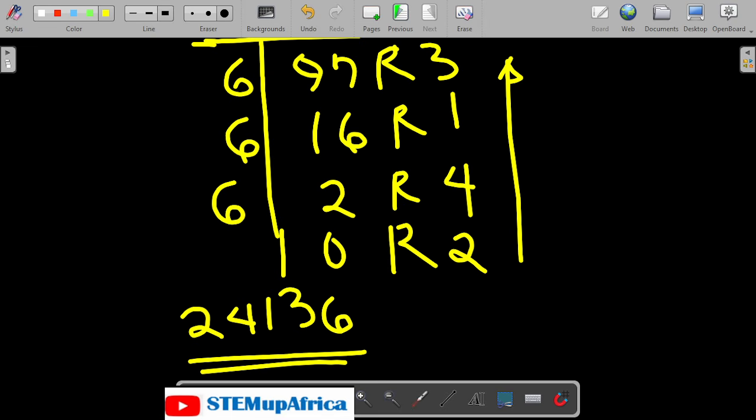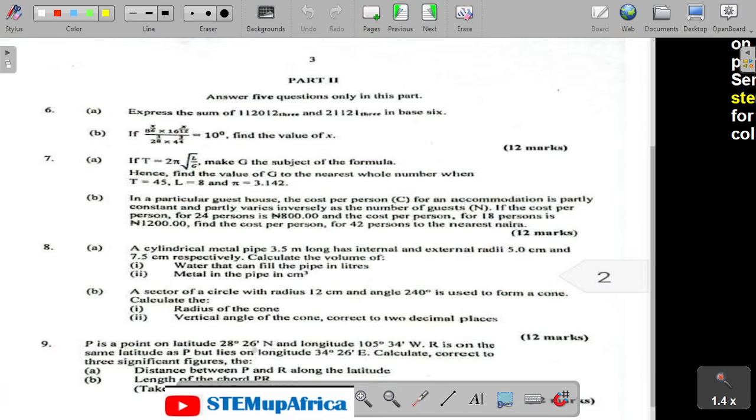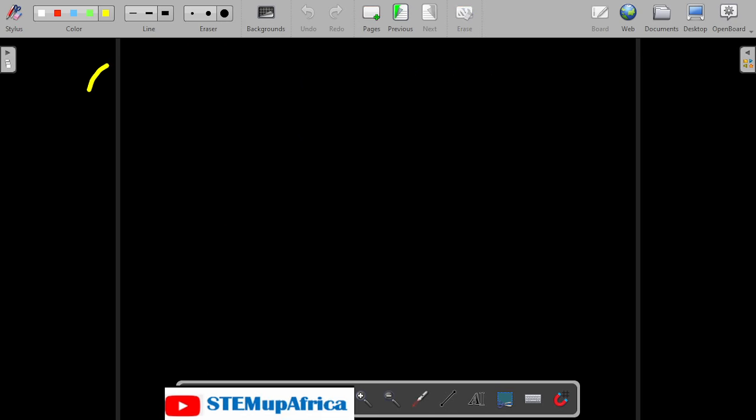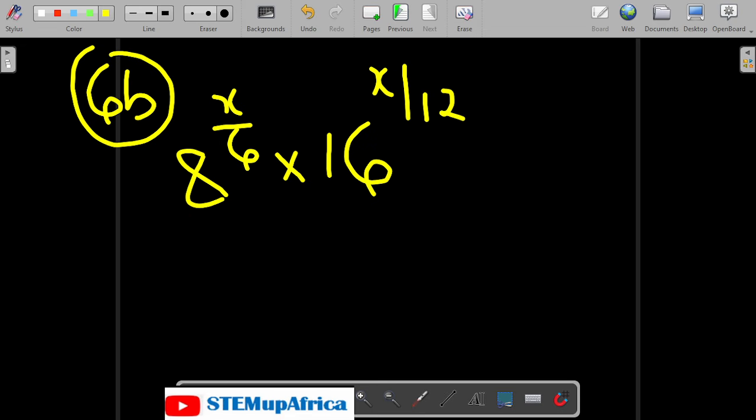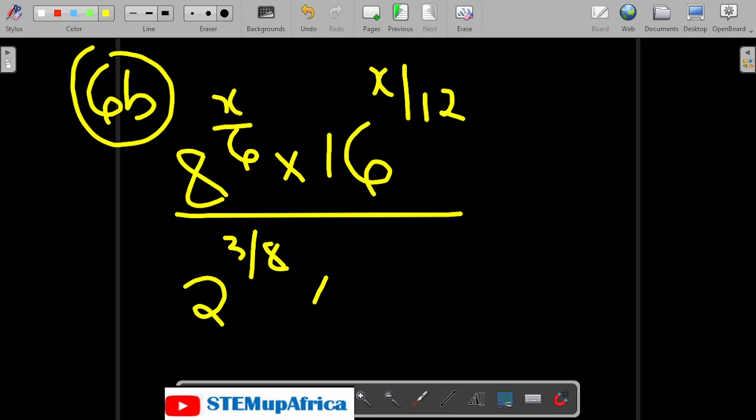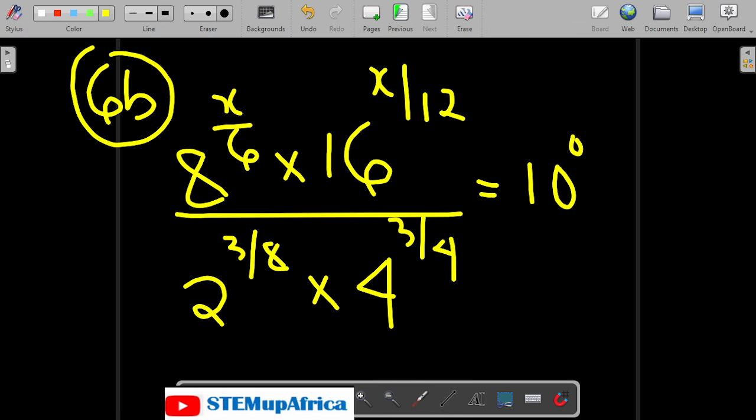So let's look at 6b. We have 8 raised to power x over 6 times 16 raised to power x over 12, over 2 raised to power 3 over 8 times 4 raised to power 3 over 4, is equal to 10 raised to power 0.